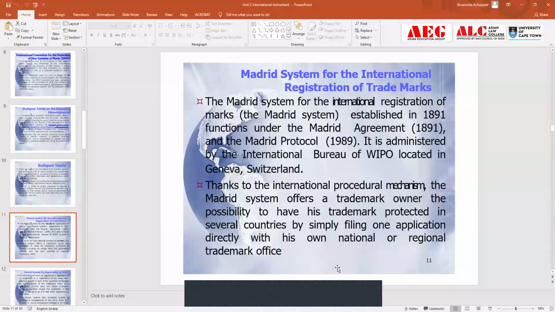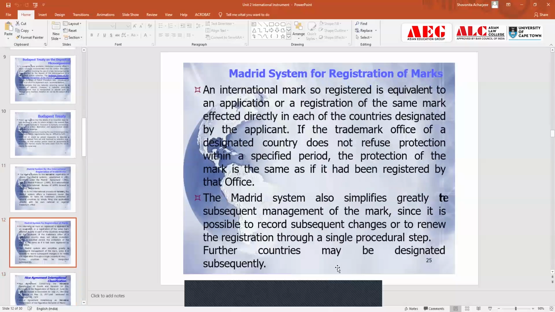Moving towards is the Madrid Agreement. Madrid Agreement registration was established in 1891, under the Madrid Protocol in 1989, which was signed by the International Bureau of WIPO, located in Geneva. This particular Madrid Agreement offers a trademark owner the possibility to have his own trademark protected in several countries by one single filing, with his own national or regional trademark offices.